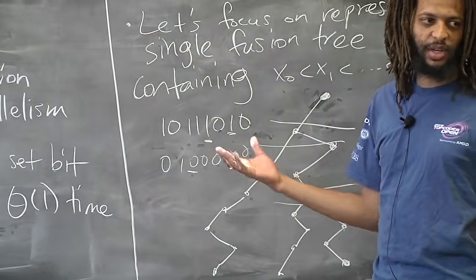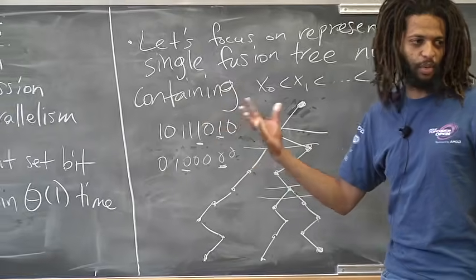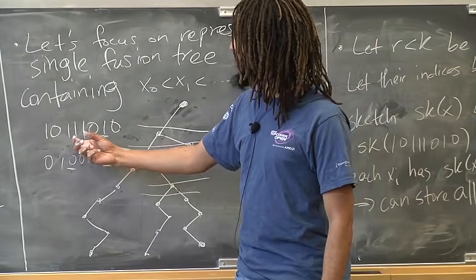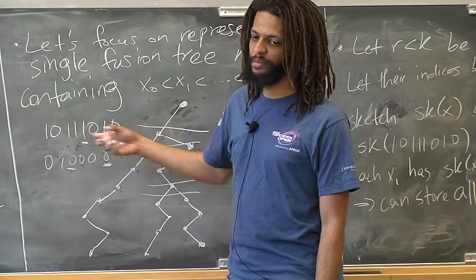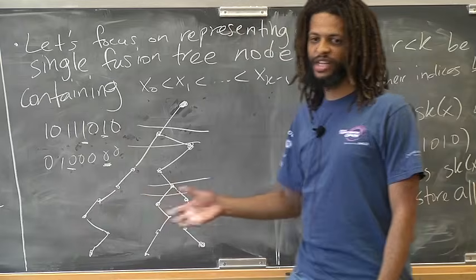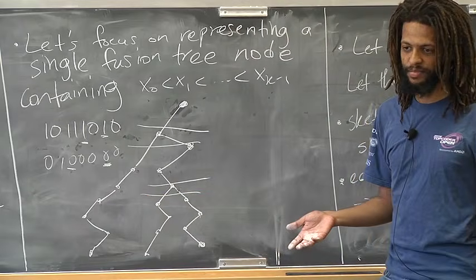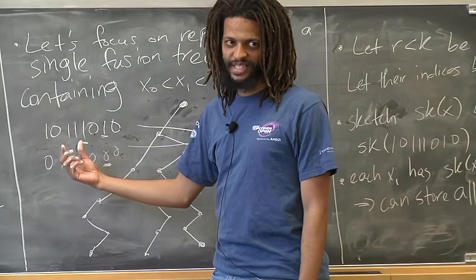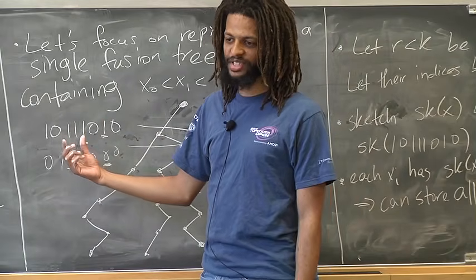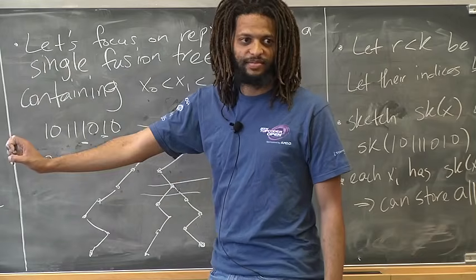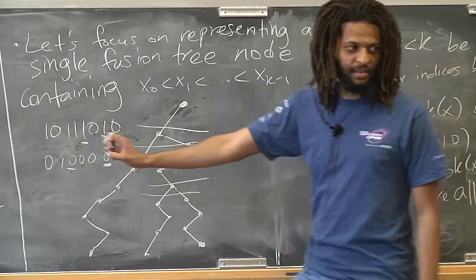Each fusion tree node could store the mask which tells you what the important bits are, and you can convert xi into just remembering the important bits by masking out everything else, just ANDing with the bits that matter. But that's not going to compress things. That's not going to remove the bits that don't matter. And there's no C operation which says compress into these bits and put that into a new word. So we're going to have to deal with that at some point.